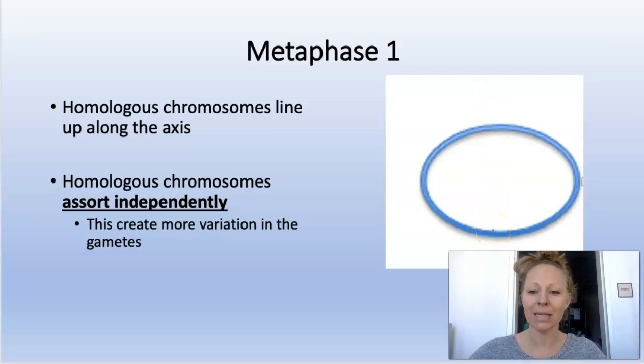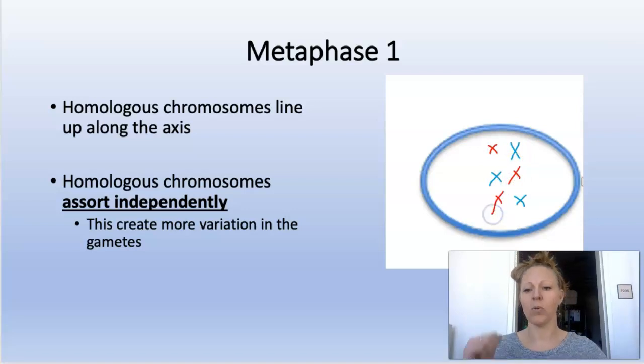But in meiosis and metaphase 1, our chromosomes are going to line up just like this. They're going to line up with their homologous pair. So instead of 46 chromosomes down, we're going to go 23 chromosomes down, like this.